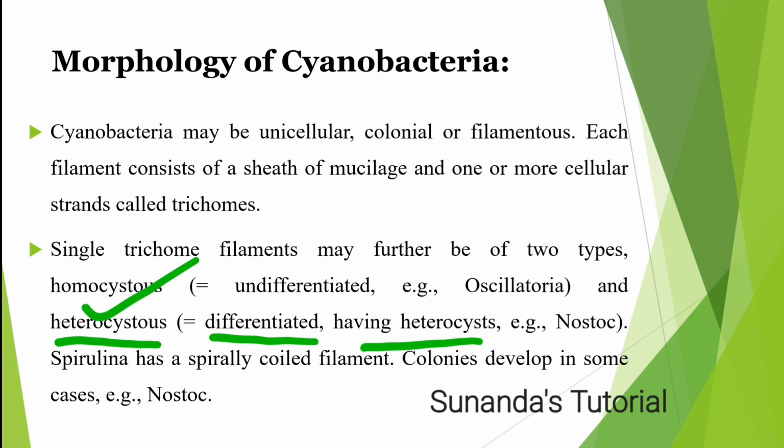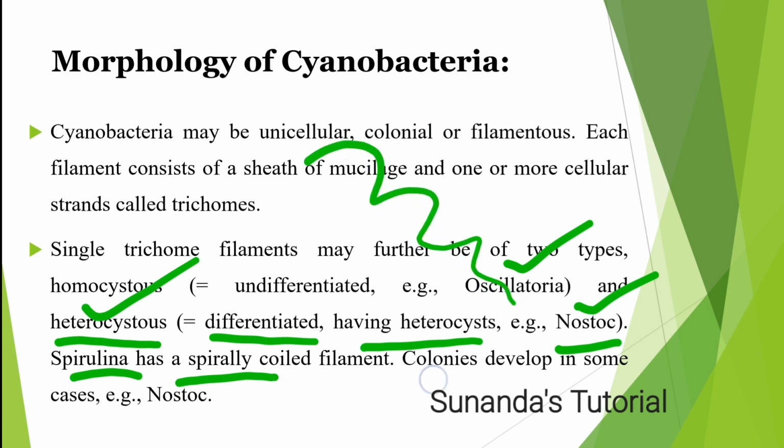Some cells are heterocysts and some are normal, as in Nostoc. Homocystous trichomes appear in Oscillatoria. Spirulina has spirally coiled filaments. Colonies develop in some cases, for example in Nostoc.